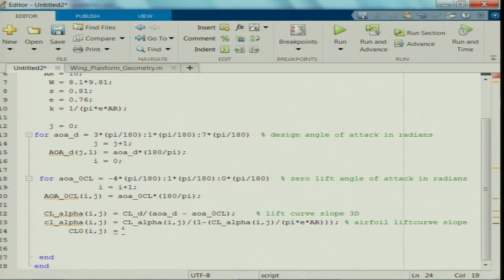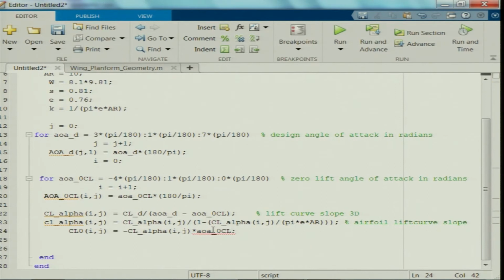Capital CL naught is equal to CL alpha 3D minus CL alpha 3D times alpha at which CL is 0, right. Okay.